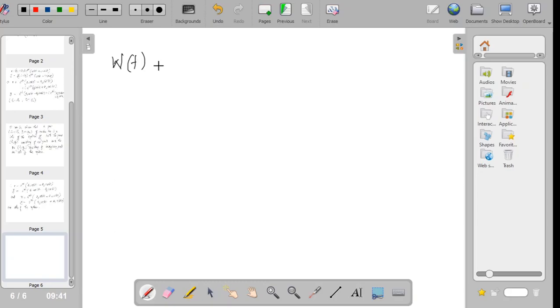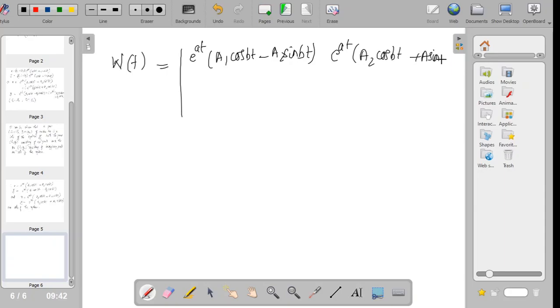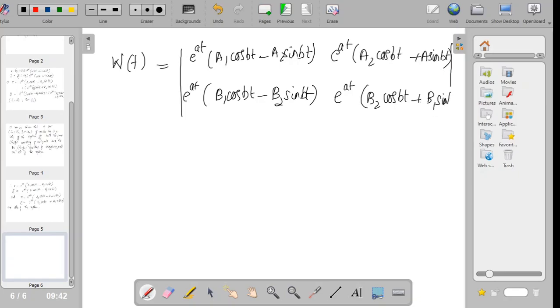So W of t will be equal to the determinant with entries e raised to at (a1 cos bt minus a2 sin bt) and e raised to at (a2 cos bt plus a1 sin bt), then e raised to at (b1 cos bt minus b2 sin bt) and e raised to at (b2 cos bt plus b1 sin bt).